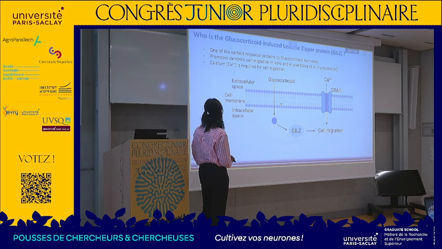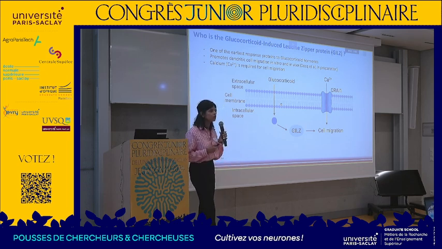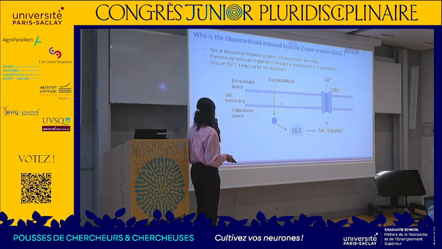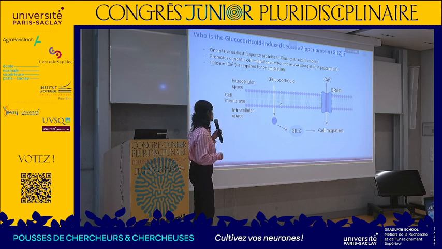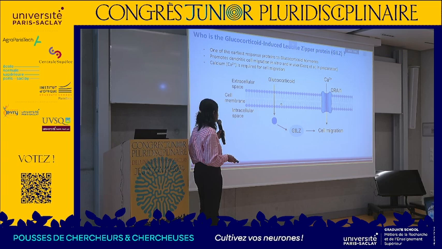Previous studies in my lab have described a glucocorticoid response protein, GILs, to be involved in dendritic cell migration. Indeed, it was shown that when the gene coding for GILs was invalidated, the migration of dendritic cells was impaired. Also, it's widely described in the literature that calcium ions through the calcium channel ORI1 mediate cell migration.